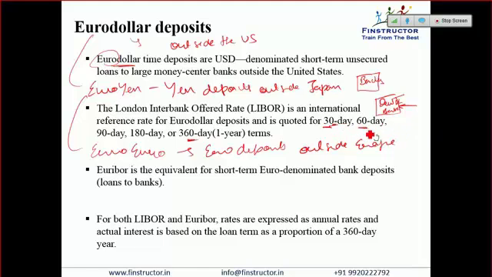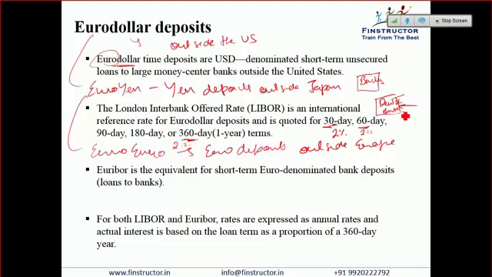So let's say Deutsche Bank says that 2% I will give you if you put your money in my bank for 30 days. So that will be the 30-day LIBOR. I'll give you 2.1% annualized. Okay, rates will always be annualized if you put the money for 60 days in my bank. Similarly, if you put it for 1 year, I may give you 2.2% on an annualized basis.